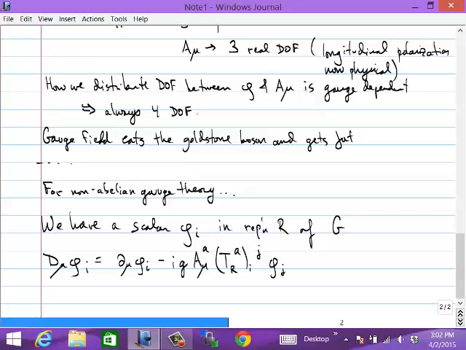For example, in the fundamental representation of SU(N), I would go from 1 up to N, and phi would be a complex field because it's a complex representation.